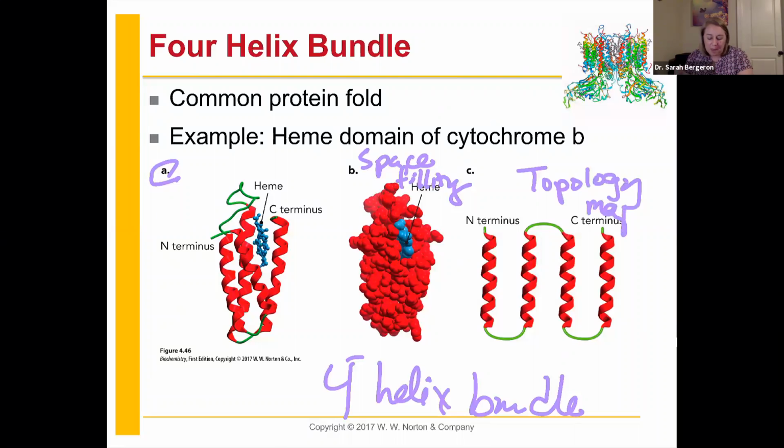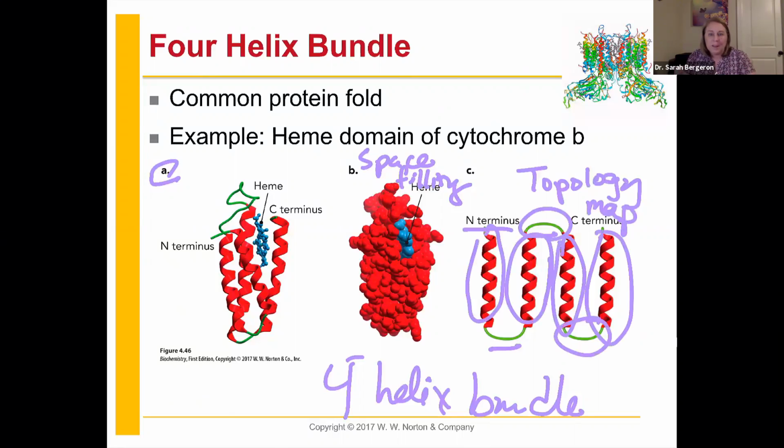Topology map, where you see, okay, I'm going to start at the N-terminus, and I have 1 helix and a loop, 2nd helix, a loop, 3rd helix, a loop, and my 4th helix. Then you can look at how those 4 helices bundle together. So it's important when you know your 3-dimensional structure, you can see it completed and you can see it before it completely folded into that 3 dimensions. So you can see your tertiary structure in addition to your secondary structure.